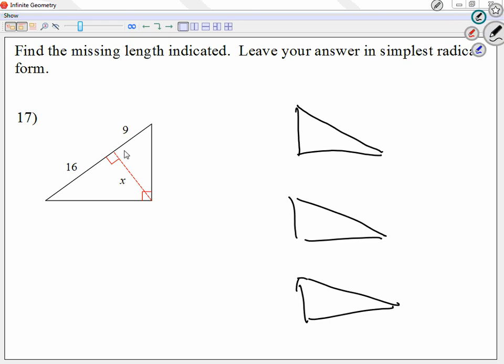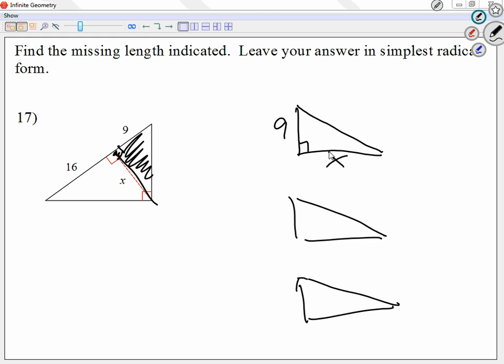If I look at the small triangle, this one, there's my 90 degrees. If you spin it around, you rotate it, you can reflect and do whatever. Once you make it land on this one, the 9 will be there and the x will be there. That's where your 9 is and where your x is.